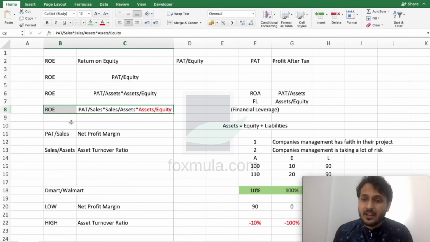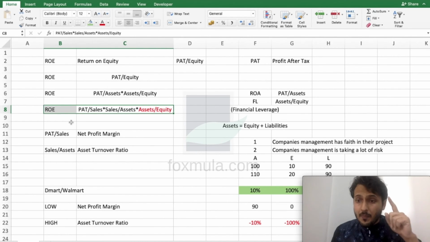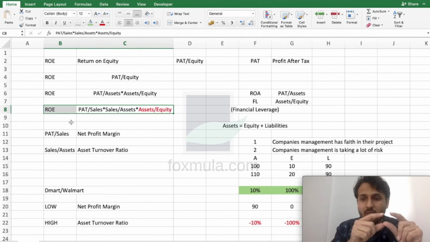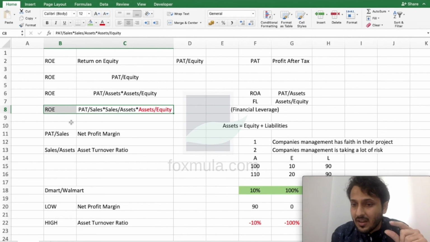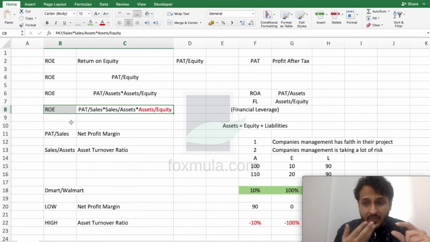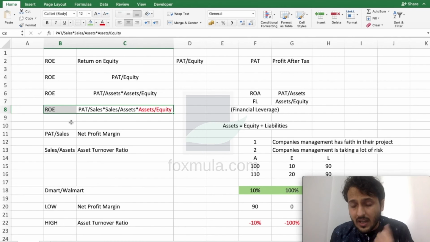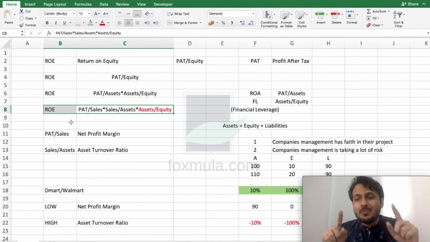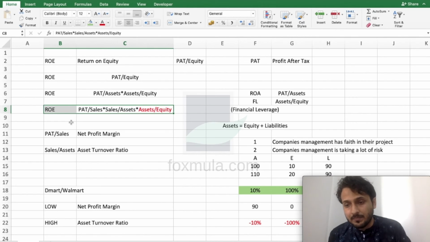Then you will have the answer: return on equity is increasing maybe because net profit margin is increasing, maybe asset turnover ratio is increasing, or because they are taking more debt, that is, financial leverage is increasing. This way, you can do a time series analysis on the same company.